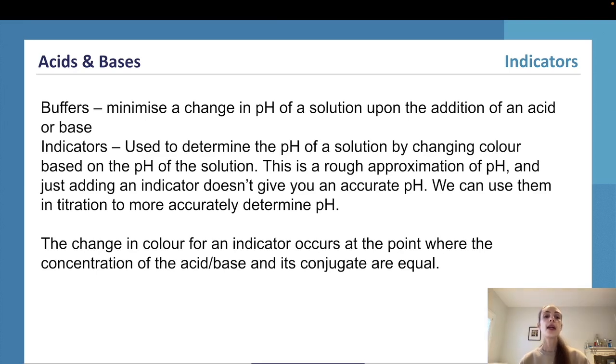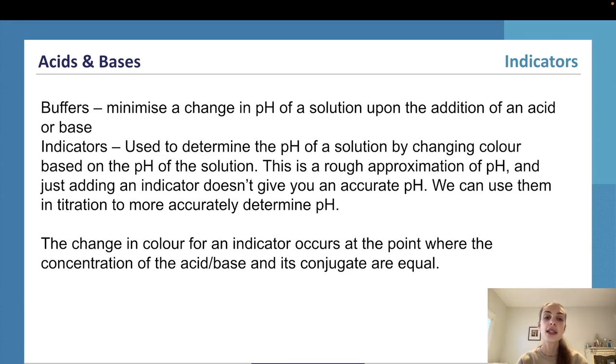So when we understand indicators, we need to refresh on buffers. Buffers, we remember, minimize the change of pH of a solution upon the addition of an acid or a base. And then our indicators are used to determine the pH of a solution by changing color based on the pH of the solution.